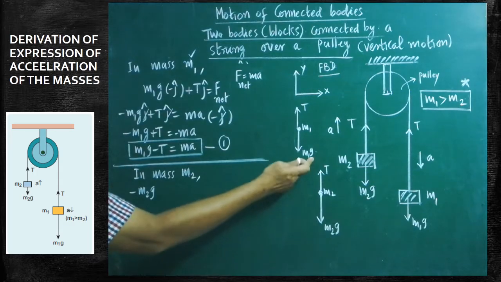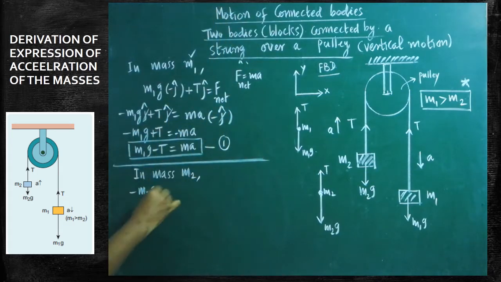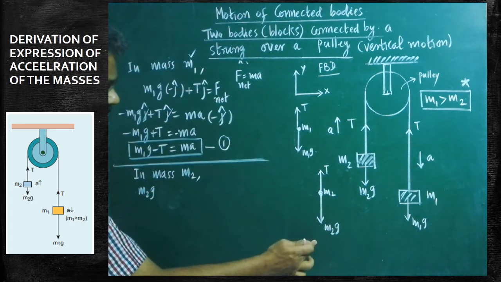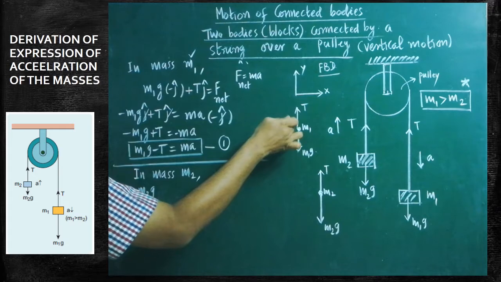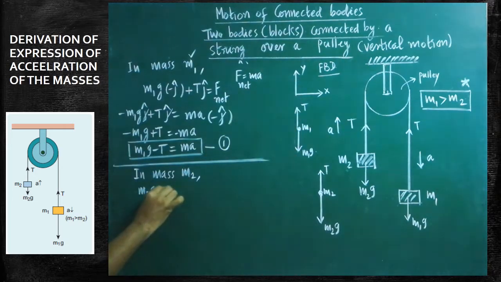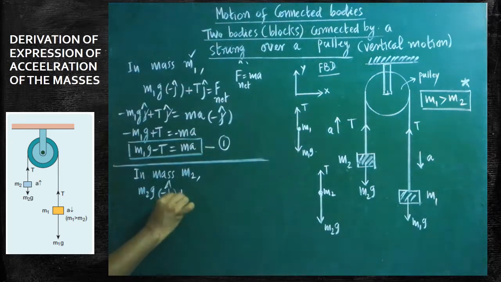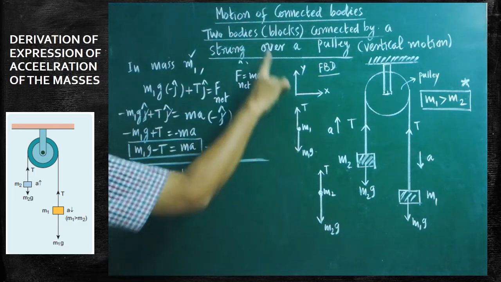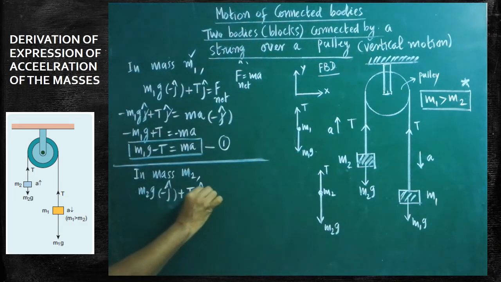T is acting towards upward direction, that is along positive y direction. Here the direction must be mentioned, no? m2g, it is acting along which direction? Negative y direction. Therefore, minus j cap must be written. Tension is acting along positive y direction, therefore j cap.